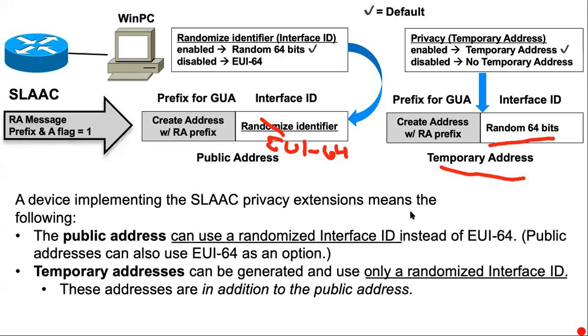We saw that in the previous video, where on the Windows PC we changed the randomized identifier to EUI64, but we noticed that the temporary address still used a random 64-bit value.